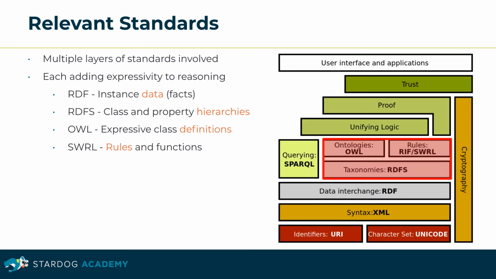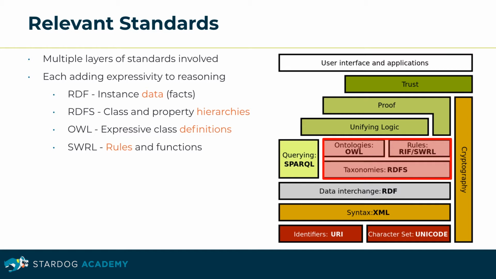As outlined by the canonical semantic web stack diagram, there are layers of standards involved in reasoning. Each of the layers adds expressivity to the modeling and expands conclusions that could be drawn. The core Resource Description Framework, RDF, specifies a triple-based structure to assert facts about resources identified by an IRI.